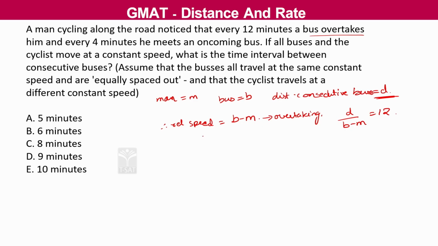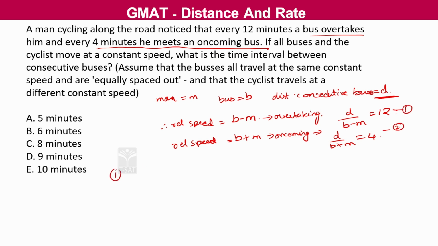Whereas, when he sees a bus coming from the opposite direction, that is an oncoming bus, the relative speed will be b plus m for the oncoming buses to meet. Hence, the time will be the total distance d divided by b plus m, which is equal to 4. This is one equation and this is the second equation.